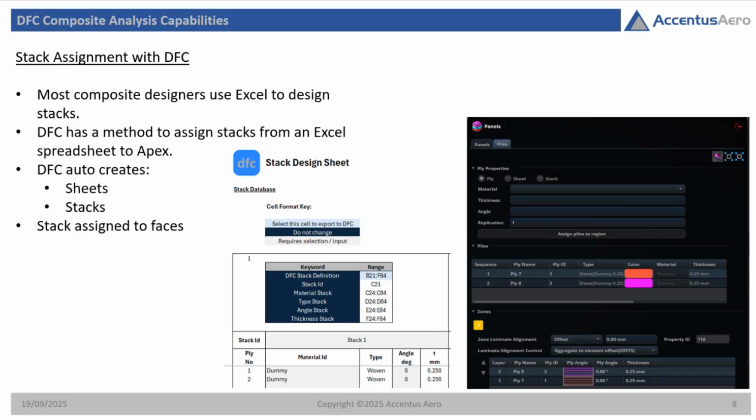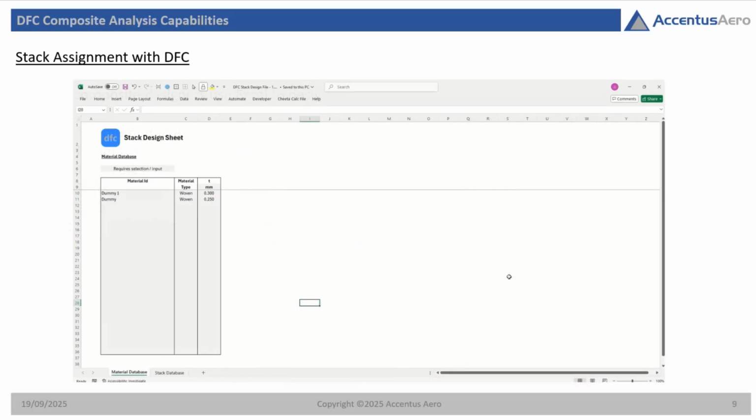We also have an Excel spreadsheet that you can design stacks with, and we then use this spreadsheet data to allocate the ply stacks directly to Apex. We automatically create the sheets and the stacks, and assign them to the panel faces that you selected. Here's a quick video to illustrate the process.